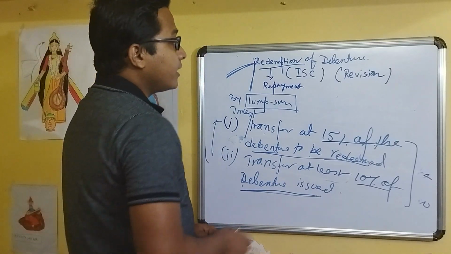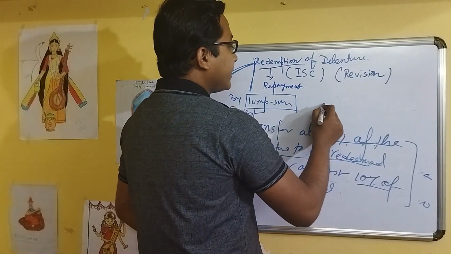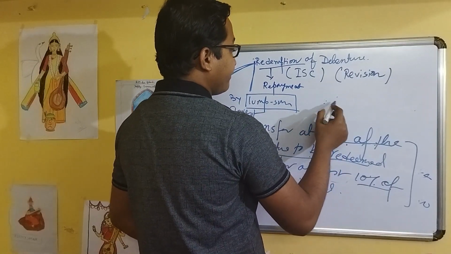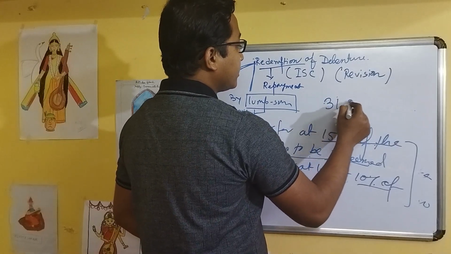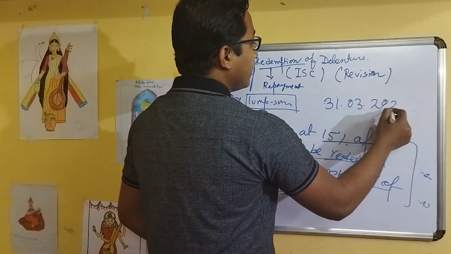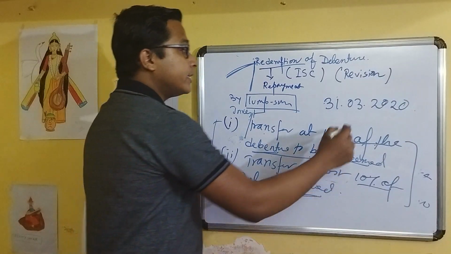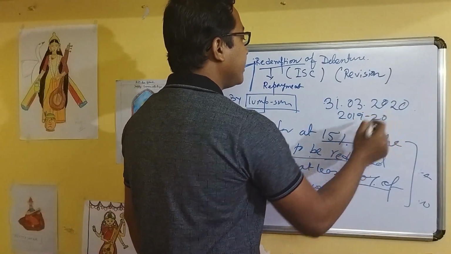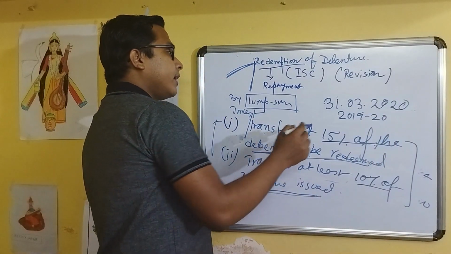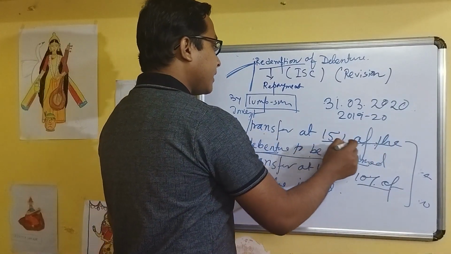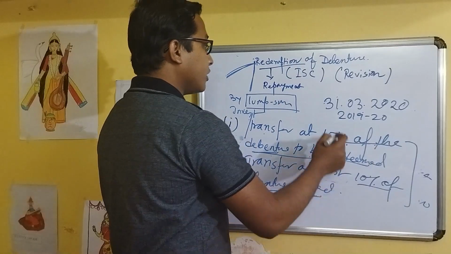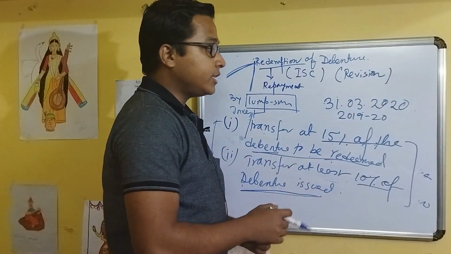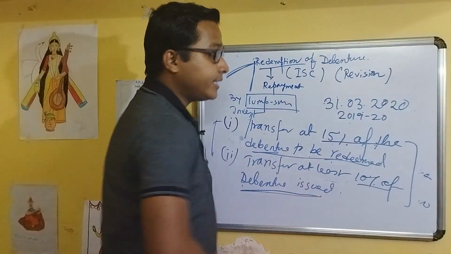In our case the debenture is to be redeemed on 31st March 2020, so the financial year is 2019-20. So we have to make an investment of 15% of the debenture on or by 30th April 2019.